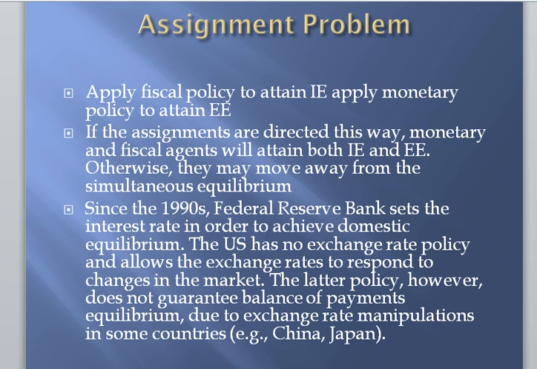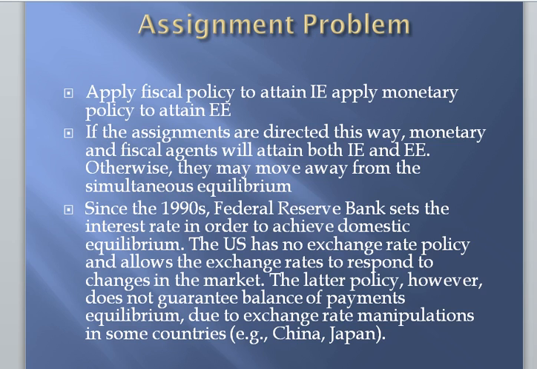And next we move on to the assignment problem. What is the meaning of the assignment problem? In order to achieve internal and external balance, there is a need for proper policy assignments.